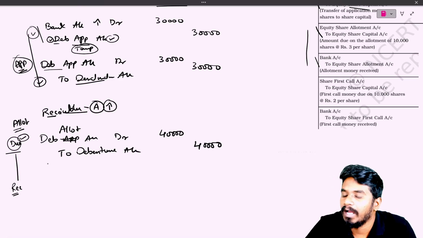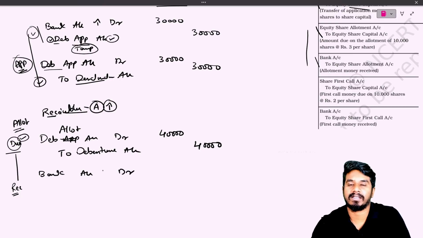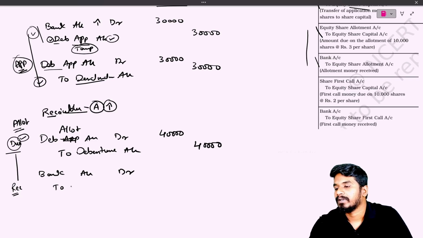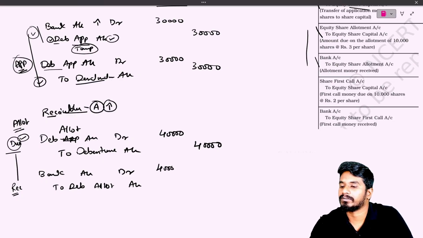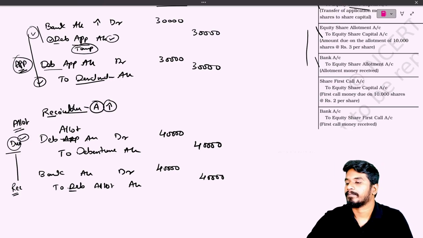Now we will receive it in the bank account. If we receive it in the bank account, asset increases, so bank account will get debited. And debenture allotment account will get credited for 40,000 because the temporary liability is decreasing.